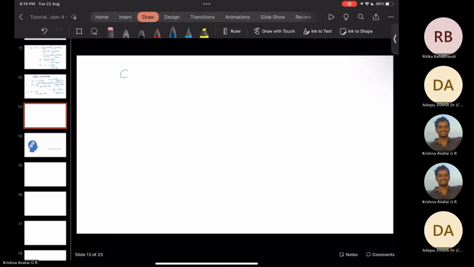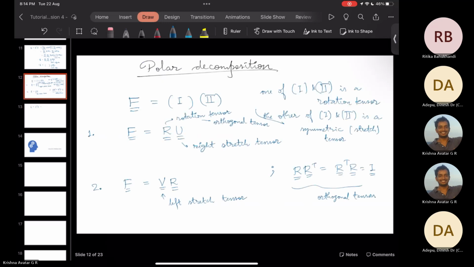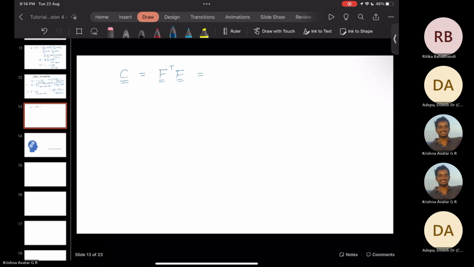So in the previous slides we discussed C, and C was defined as F transpose F. Let's first use the right decomposition, in which case we had R and U. So we'll put (RU) transpose and RU. Sorry, it is U transpose R transpose RU.